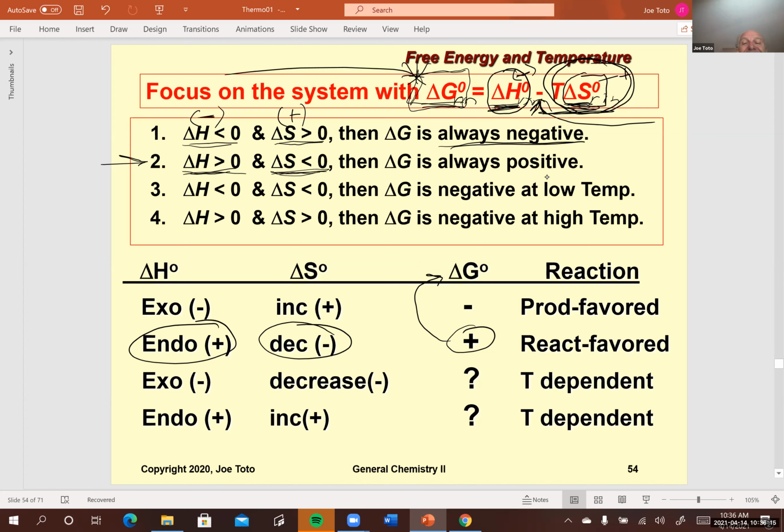It's going to be spontaneous in the opposite direction, and there's nothing you can do about it. That's the way it is when you have this combination of endothermic with a decrease in entropy.